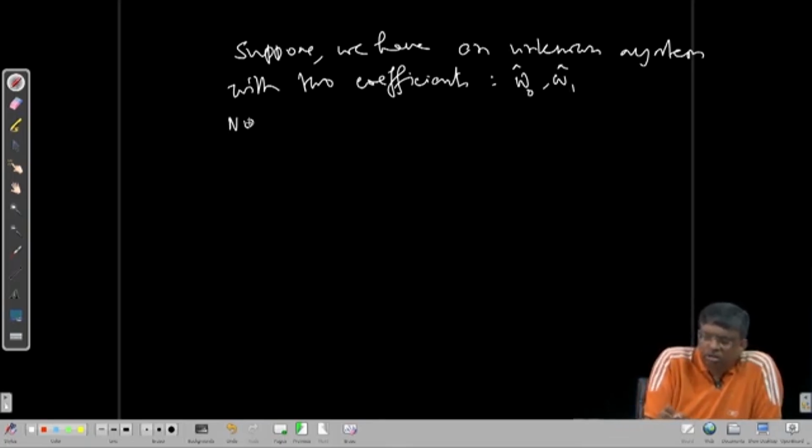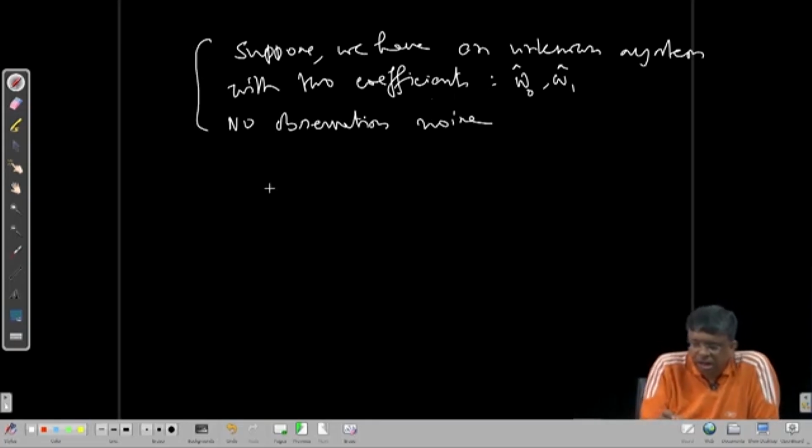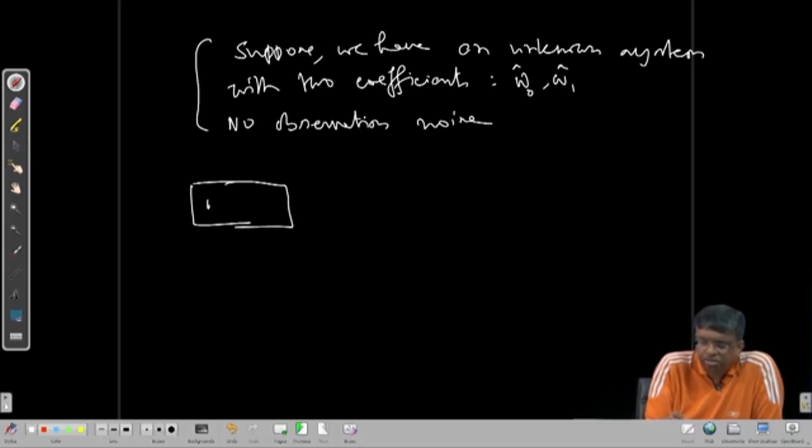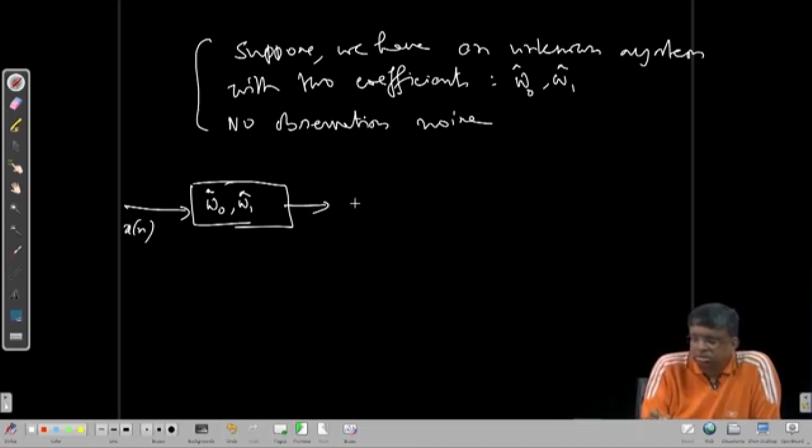And also we consider no observation noise. So basically there is an unknown system, xn comes, and the output itself is dn. Now, there is an adaptation, and there is no noise here.